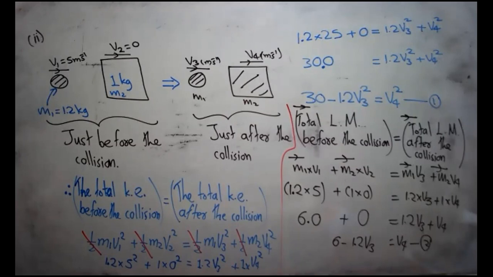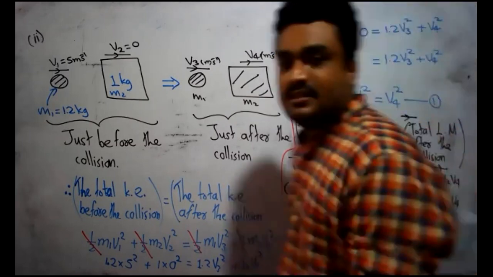So what should we do to make the second equation have square terms? I want square terms of v3 and v4, so I want to change the format of the second equation.